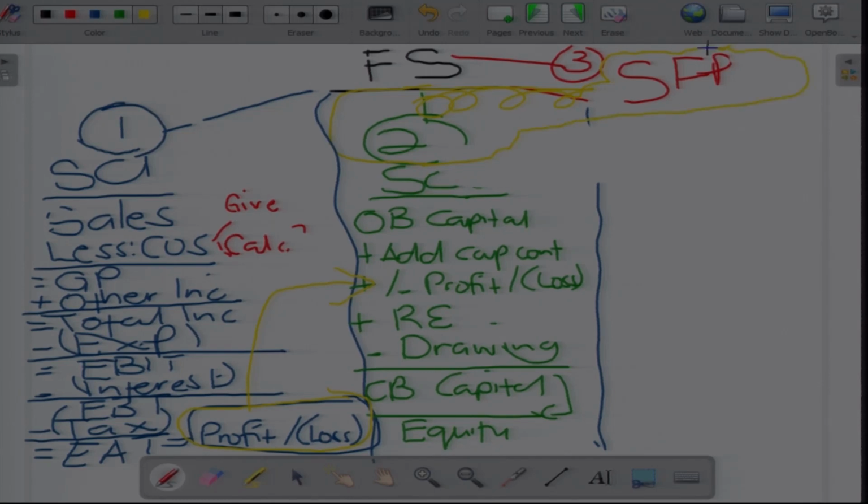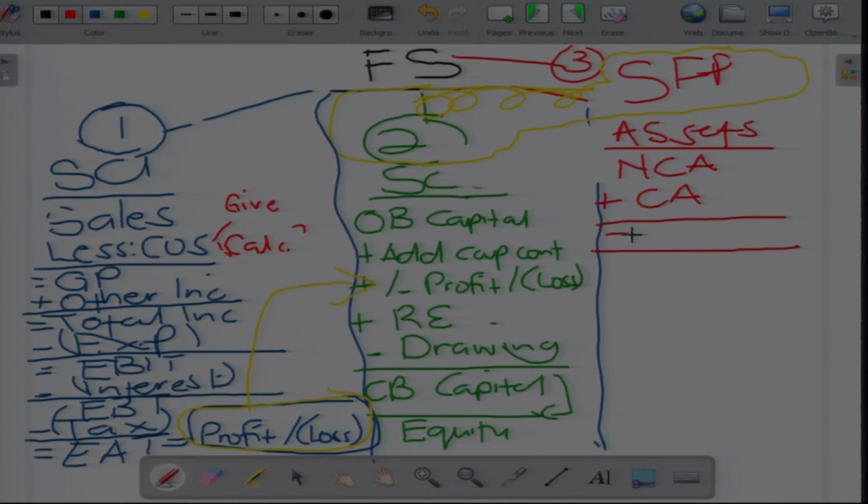This is the third one. So this statement's framework is always assets, excuse me, non-current assets plus current assets is equal to total assets.